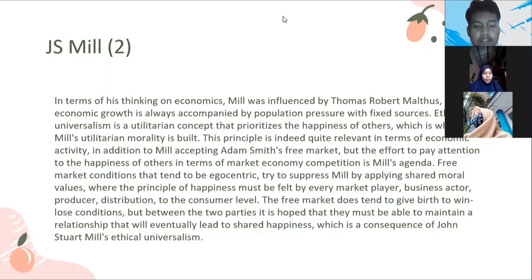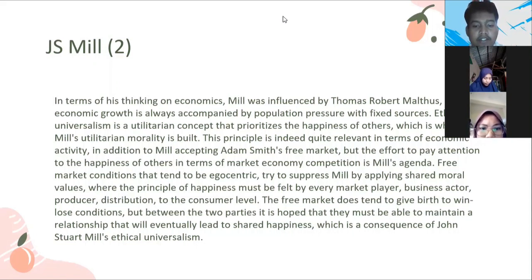The principle is in fact quite relevant in relation to economic activity. In addition to the assumption that Mill accepts Adam Smith's free market, seeking the happiness of others in the spirit of market competition is Mill's agenda.